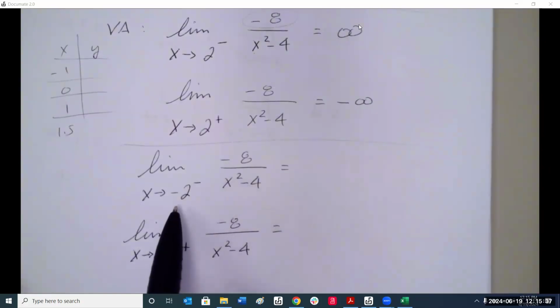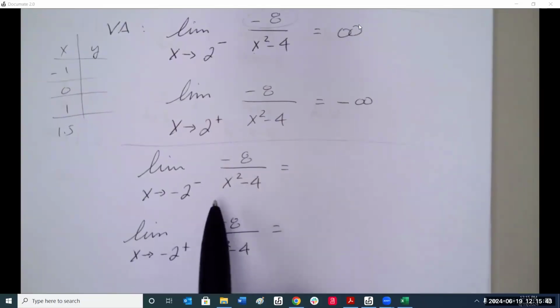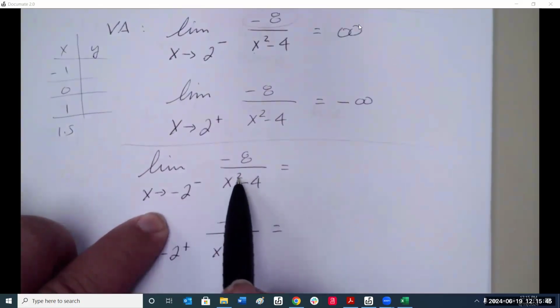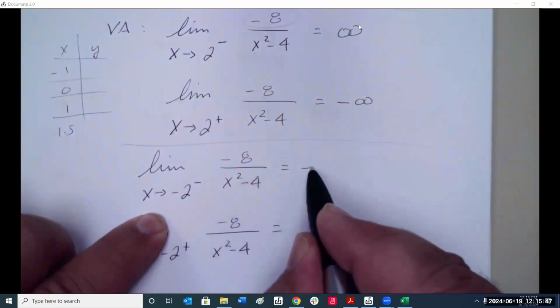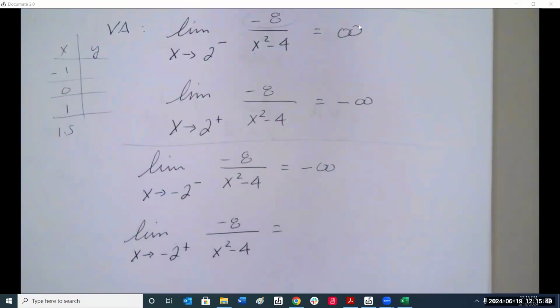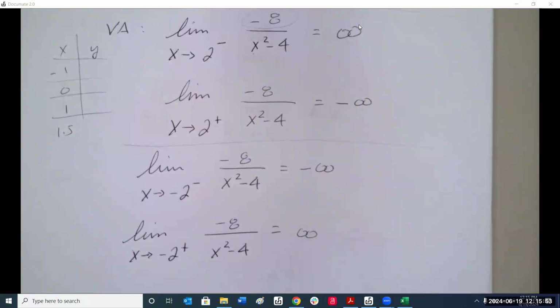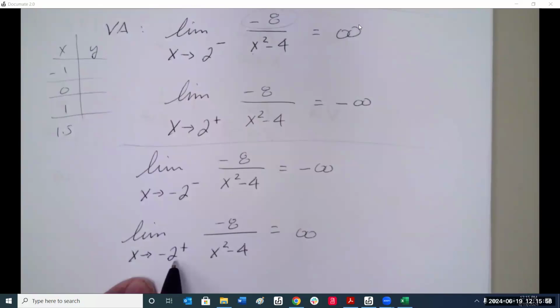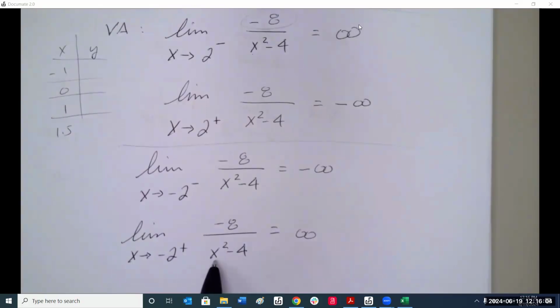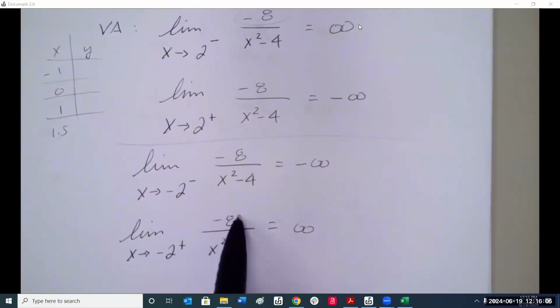From the left, yeah, because -3 squared is going to be 9, so it's going to be negative infinity from the left. And this one's going to be positive infinity, because if I'm going to the right, -2 from the right, I go from +1, 0, -1. So still, this is going to give me a negative value. The top is negative.